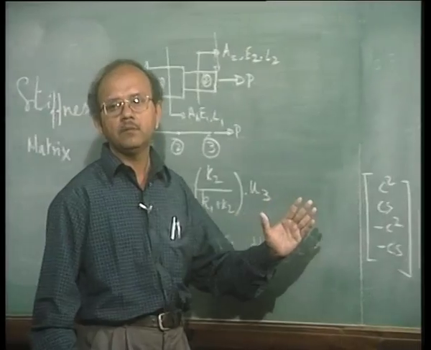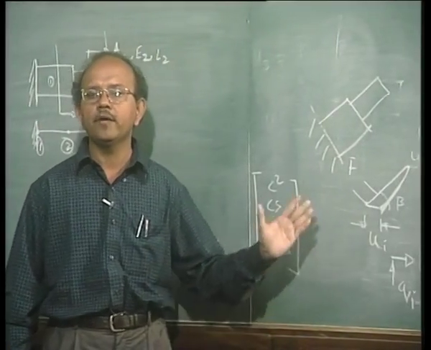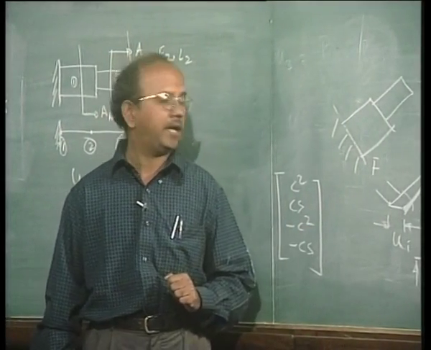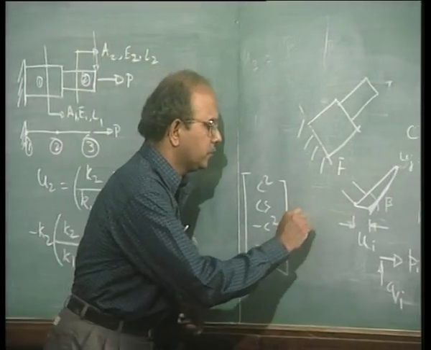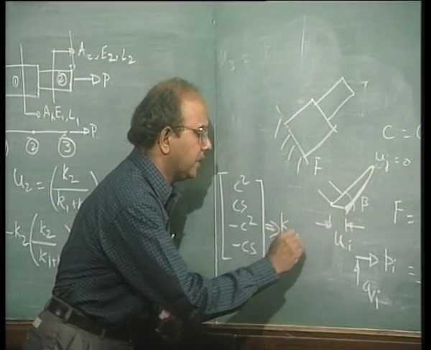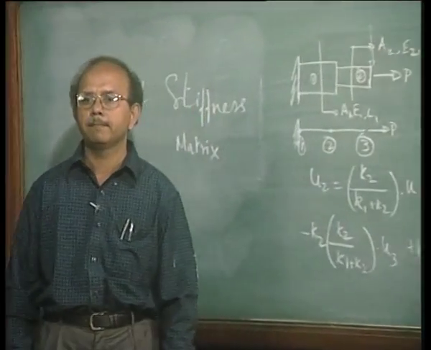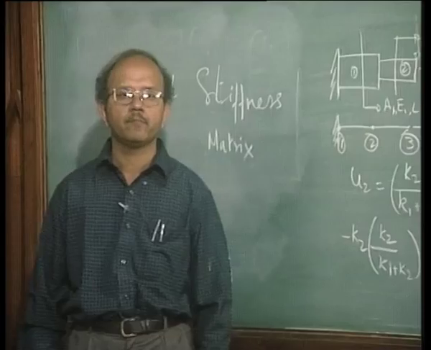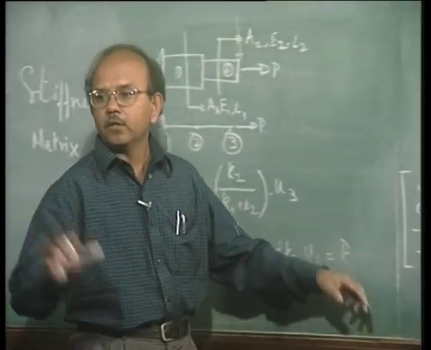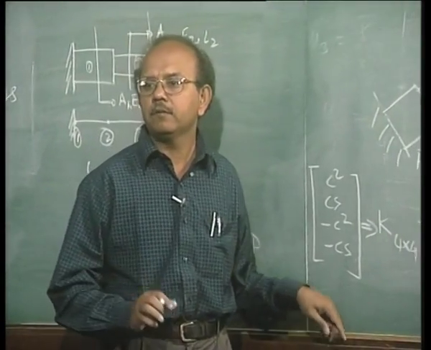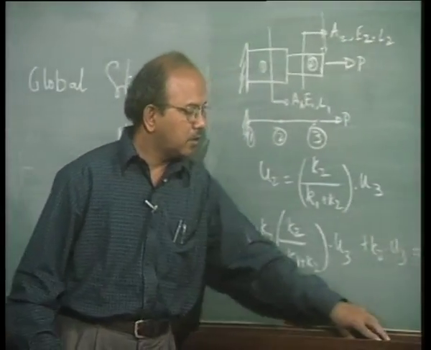So the stiffness matrix now becomes 4 by 4. So K is a 4 by 4 matrix. So that's clear. Fine.